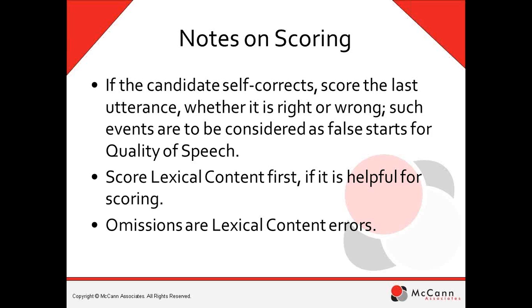During your rating, if a candidate self-corrects, score their last utterance, regardless of whether it's right or wrong. Such events should be considered as a false start when rating for quality of speech. If you find it helpful to do so, score lexical content first. Finally, keep in mind that omissions are considered lexical content errors.